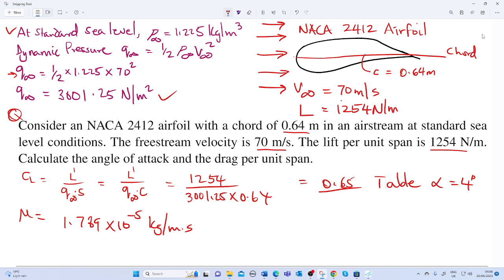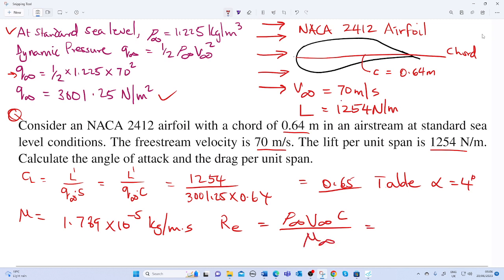So by using all these values, we can deduce our Reynolds number. Our Reynolds number equals the density multiplied by the velocity, multiplied by the chord length of the airfoil, over the viscosity.